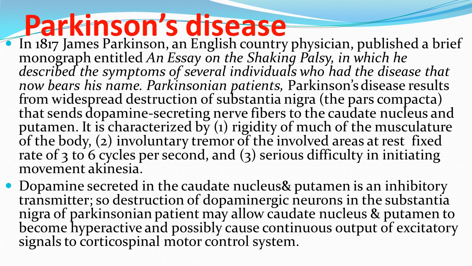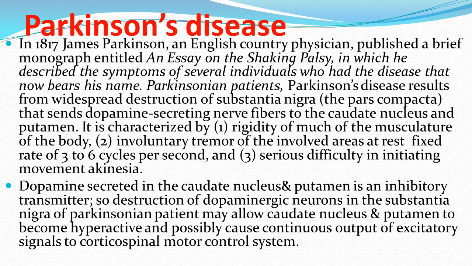Dopamine secreted by the fibers of the substantia nigra in the caudate and putamen is an inhibitory transmitter. So, destruction of the dopaminergic neurons allows the caudate and putamen to become hyperactive and possibly causes continuous output of excitatory signals to the corticospinal fibers.